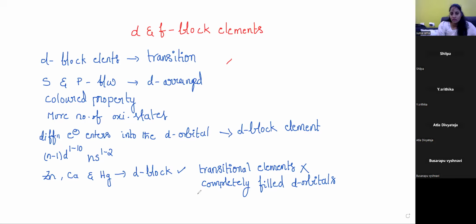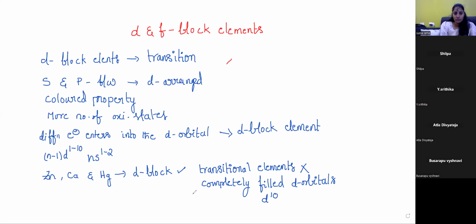That is why these do not come under transition elements, but come under d block elements, because all these three elements have a d10 configuration. Completely filled configuration is nothing but d10 configuration.